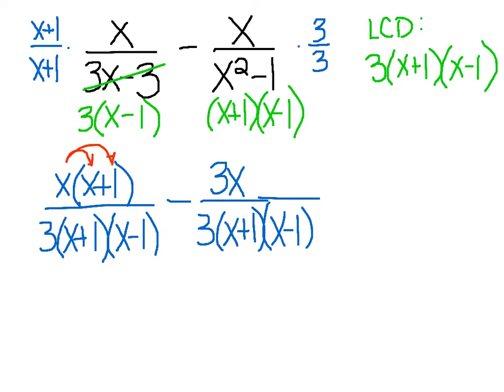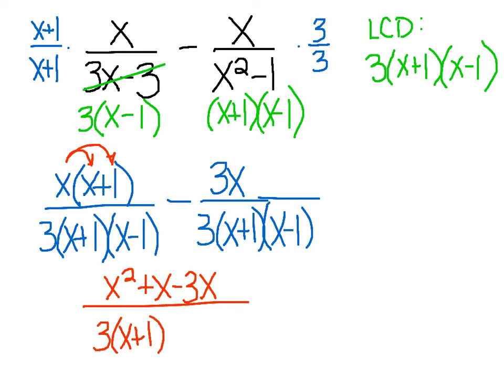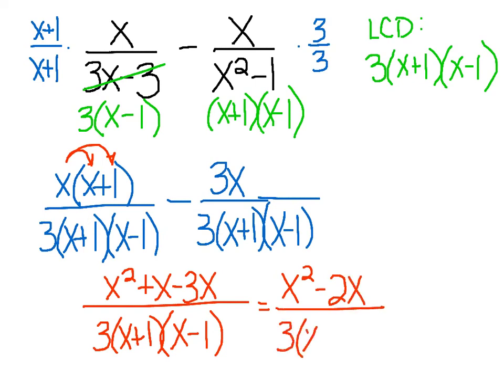We have x squared plus x minus 3x all over 3 times x plus 1 times x minus 1. Simplifying that further, we have x squared, and then we have x minus 3x, which is negative 2x, over 3 times x plus 1 times x minus 1.